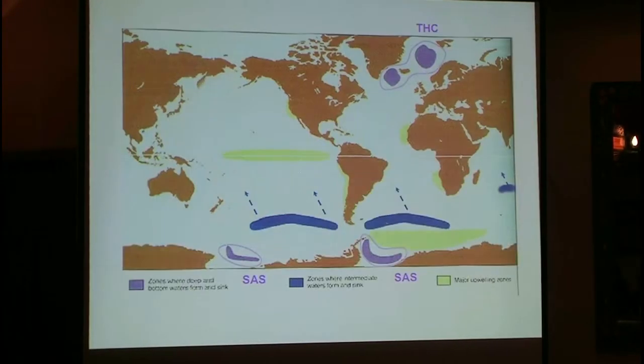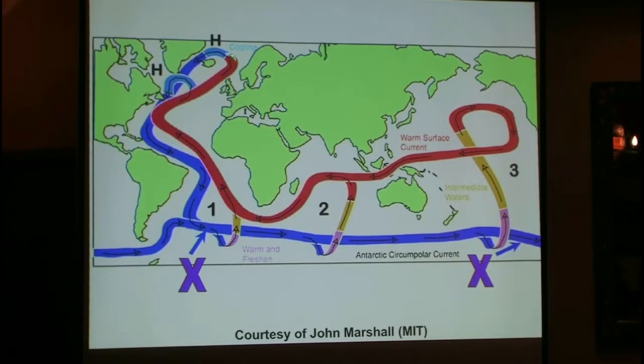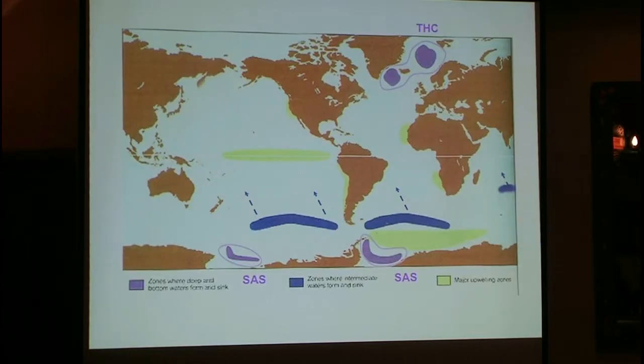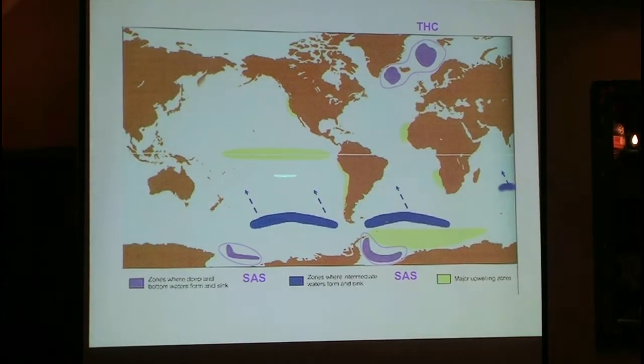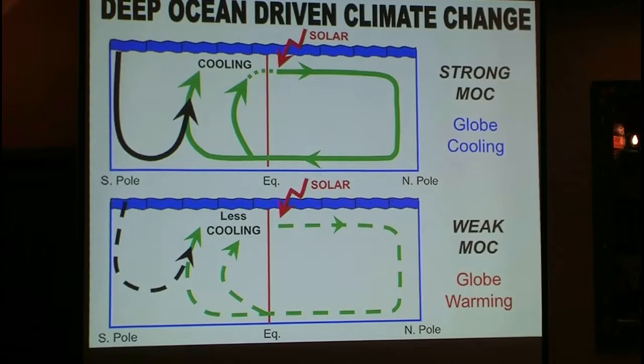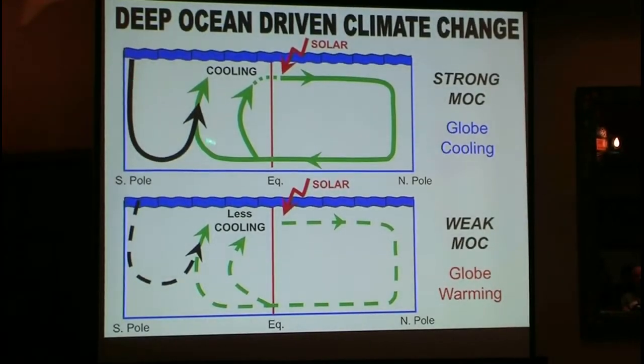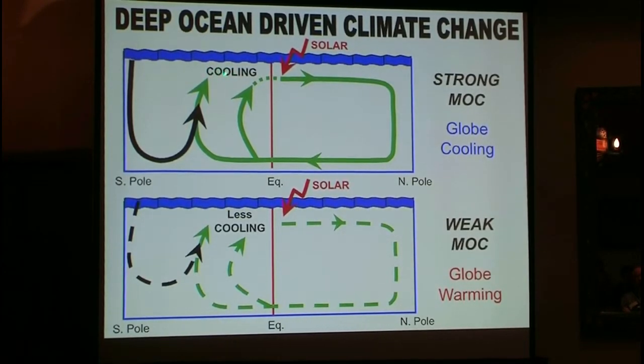MOC, or where you have, let's say, sinking up here, you have sinking in Antarctica, and you have rising motion in the southern oceans primarily. And we have periods when this circulation is stronger, we have more rising cold water here, but also in this situation, we get generally more rainfall that tends to cool.